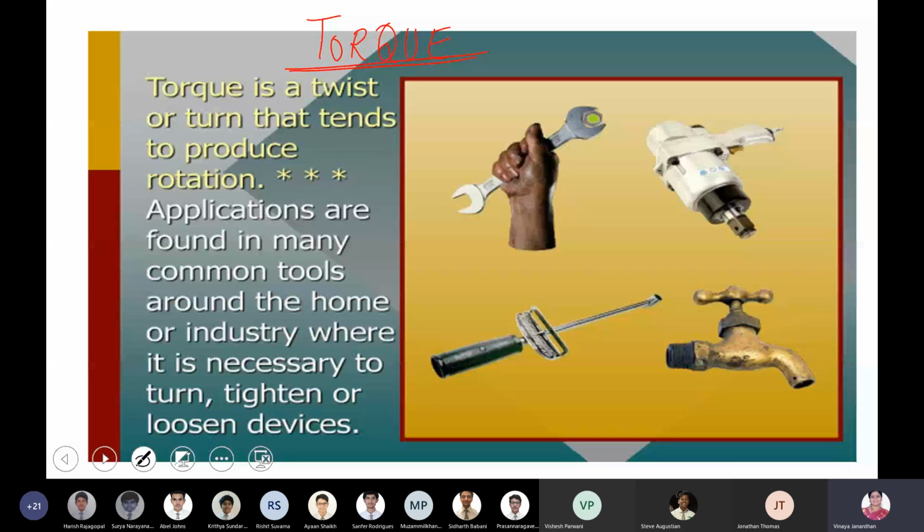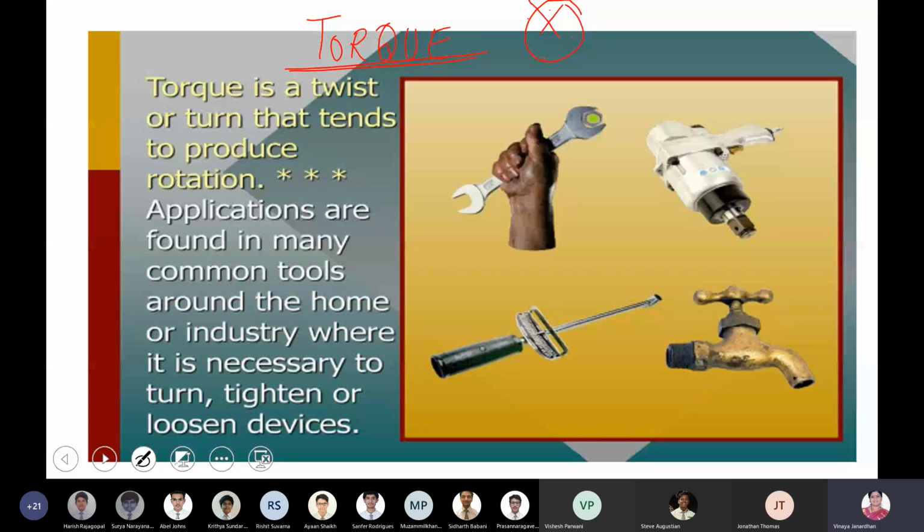Applications are found in many common tools around the home or industry where it is necessary to turn, tighten or loosen devices. A very important concept. The same concept is going to be carried over to grade 12 also. So torque is a force which makes a body rotate. It will cause a rotational motion of the body. We call it torque.